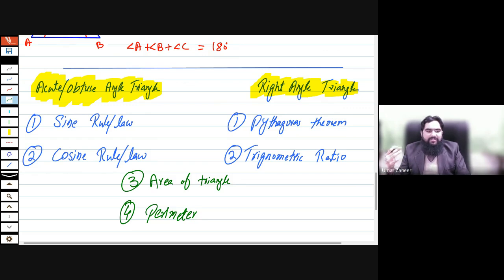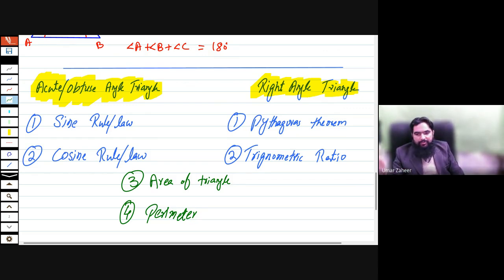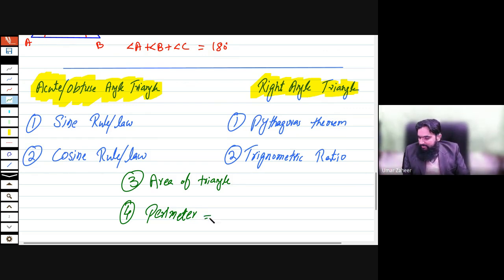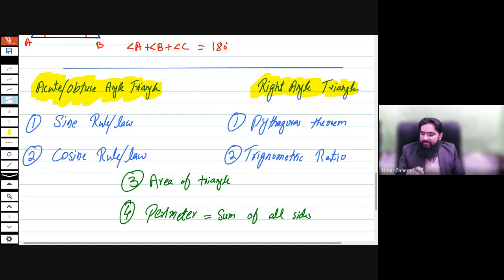The perimeter is basically the sum of all sides. That is known as the perimeter of a triangle. Now the rest of the things, that is the sine rule, cosine rule, Pythagoras theorem, and trigonometric ratios, we are obviously going to discuss one by one.